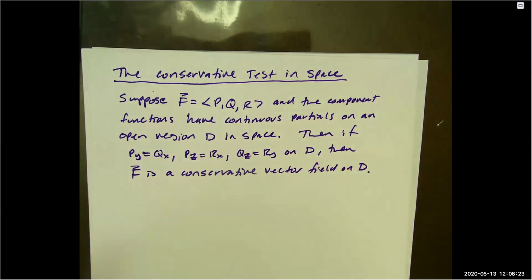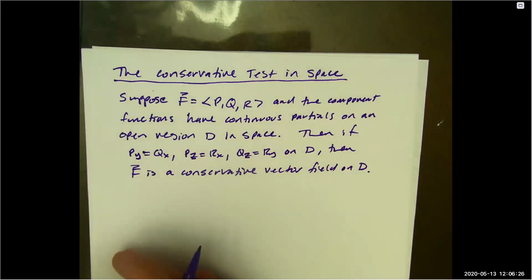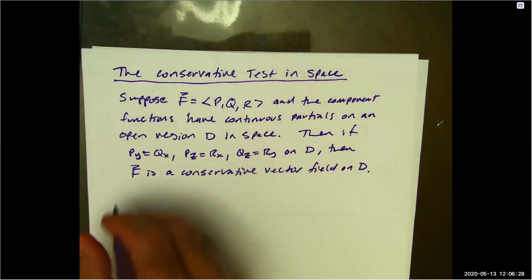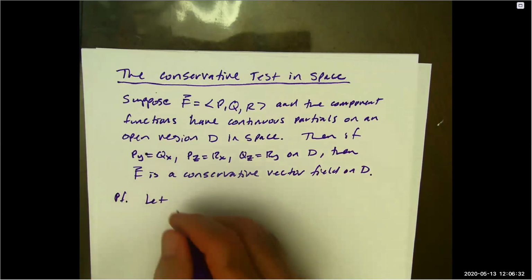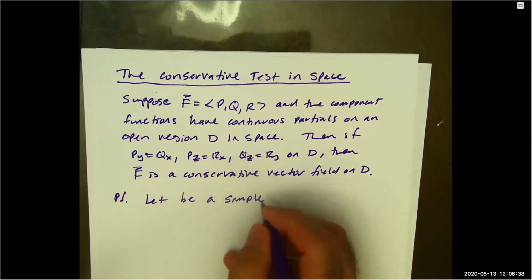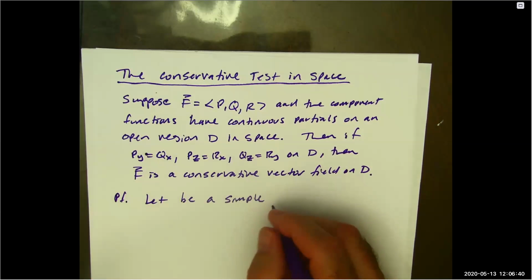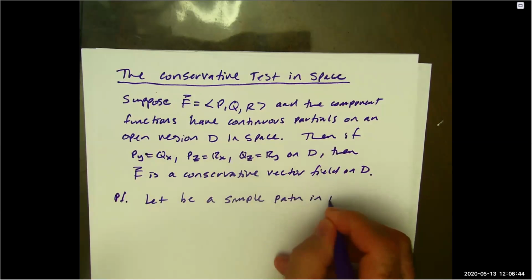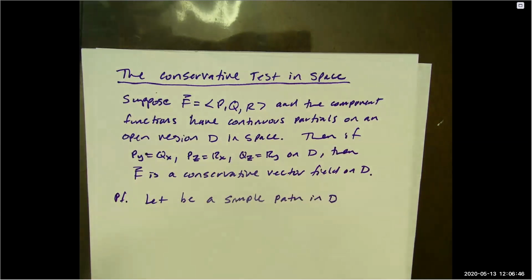All right, and here's how we're going to do this. We'll do a little proof of this. We're going to let C be a simple path in D. Remember, that means it's a piecewise smooth curve.